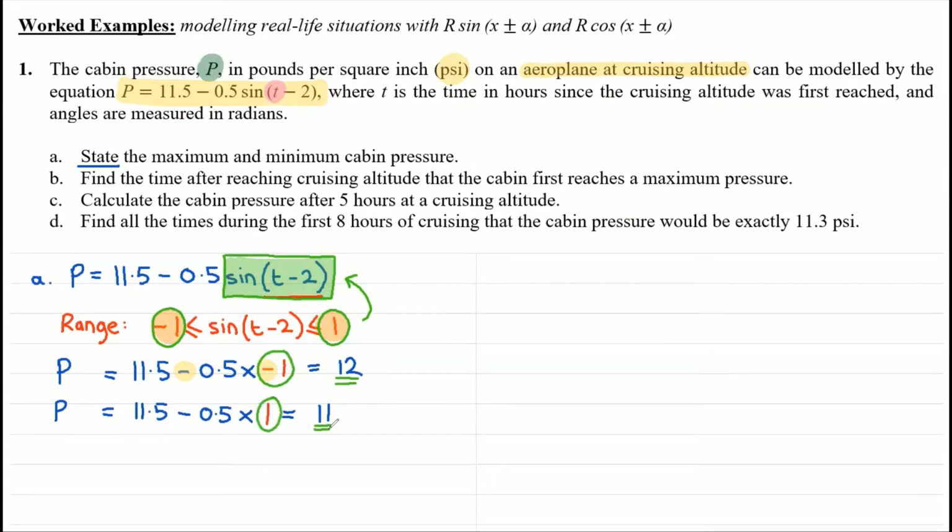So we can call this one P max, and we'll call this one P min. So I wanted to be careful with that because of the fact that the sine function is subtracted from that constant 11.5. So it's always a good idea to take great care when you're subbing in the maximum and minimum value of sine or cos or whatever it is, because you could make a crucial mistake there.